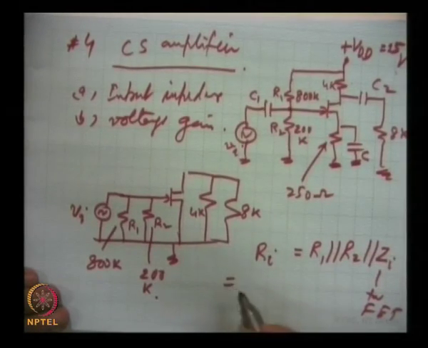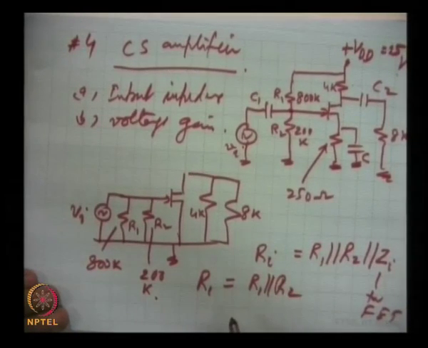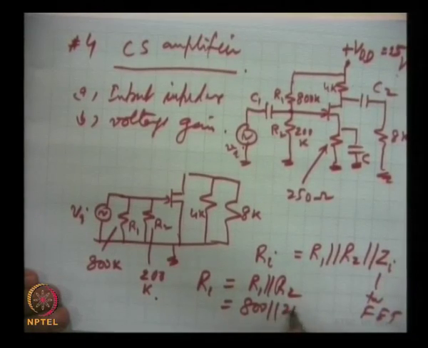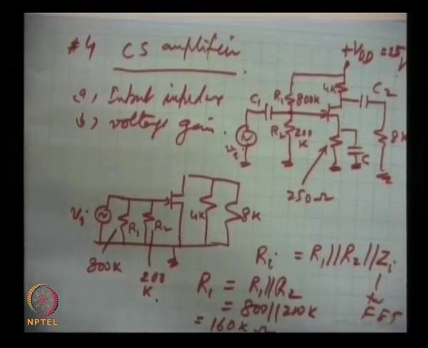So, this is actually Ri, simply R1 in parallel with R2, and this is 800K parallel 200K. So, this comes out to be 160 kilo ohms. This is the input impedance as we will measure here.